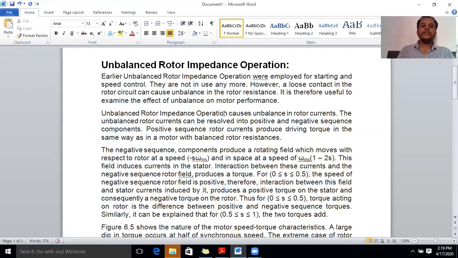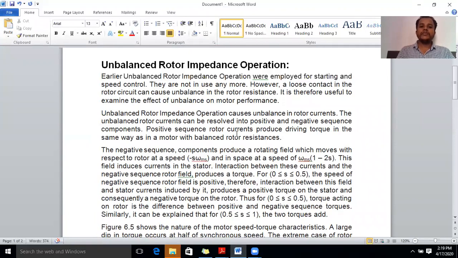Unbalanced rotor impedance operation causes unbalance in the rotor currents, whatever the IR we have discussed. The unbalanced rotor current can be resolved into positive and negative sequence components. Positive sequence rotor current produces driving torque in the same way as in a motor with a balanced rotor resistance.